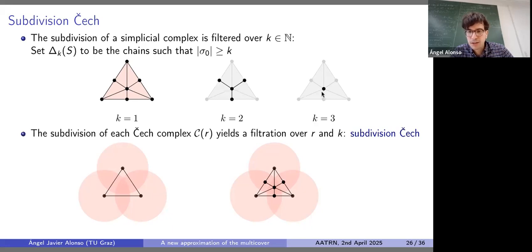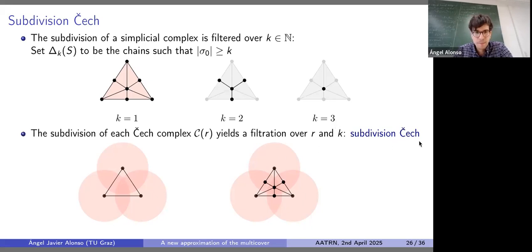And for K equals 3, this is just the subcomplex spanned by those vertices that come from triangles. And then when we subdivide the Čech complex, which is parameterized over R, this yields a filtration over R, coming from the Čech complex, and K, coming from this subdivision.